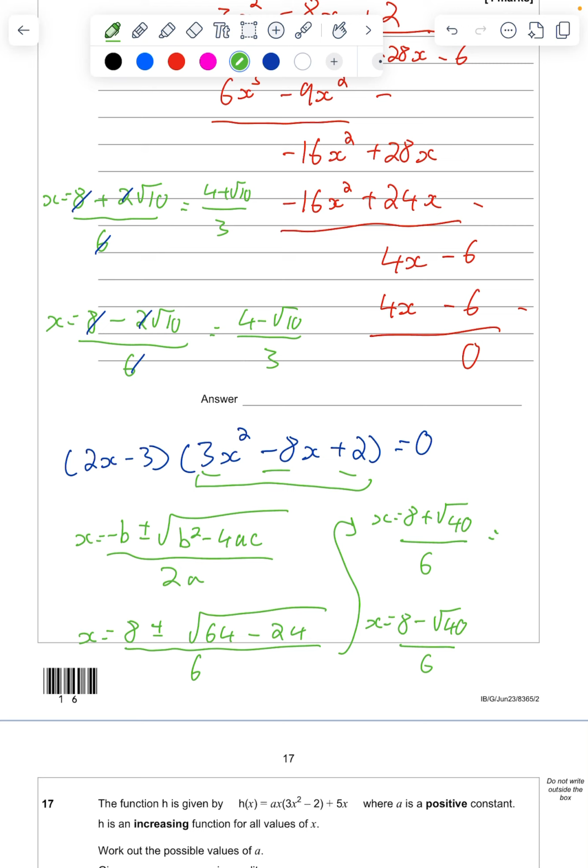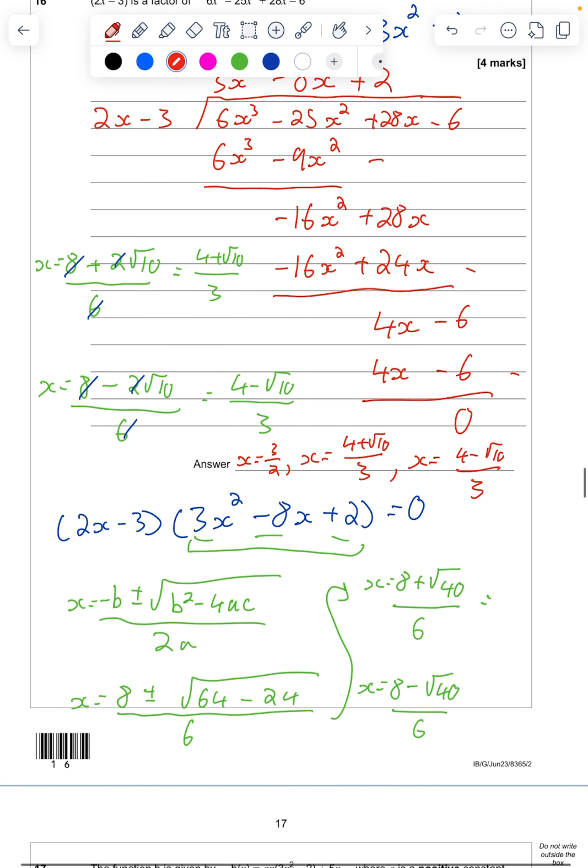So the solutions are, you've also got this one down here, where x will be equal to 3 over 2. So you've got answers x is equal to 3 over 2. You've got x is 4 plus root 10 over 3. You've also got x is 4 minus root 10 over 3.